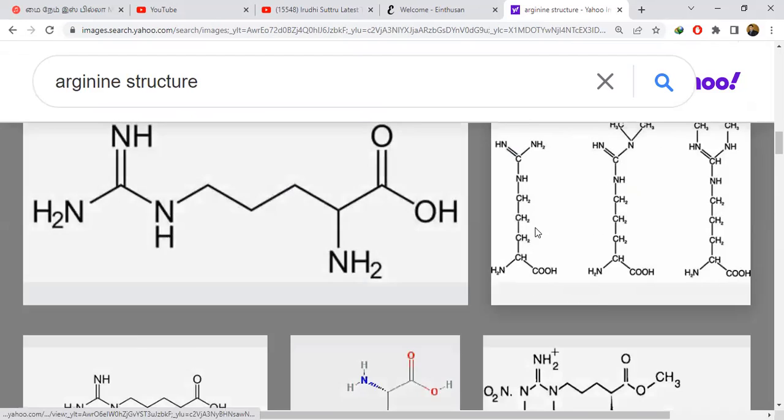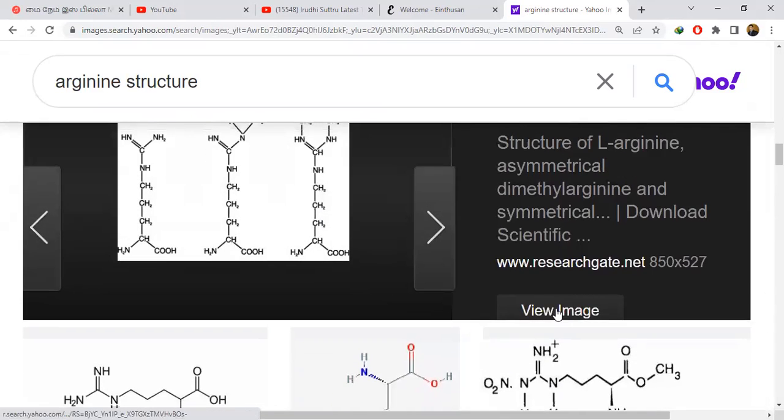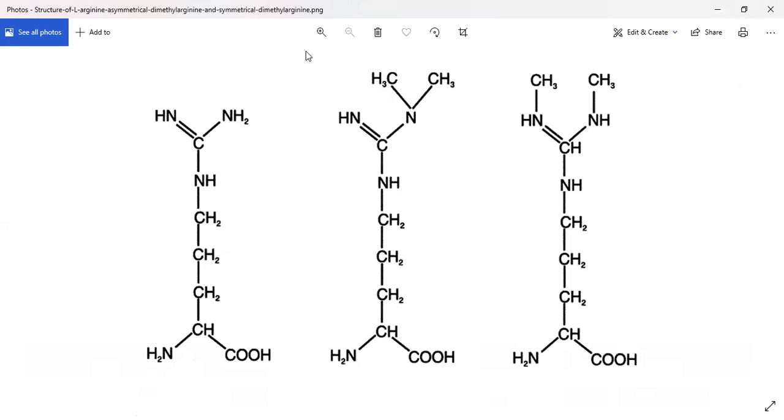Okay, we will choose this. Look at the left side, first picture.